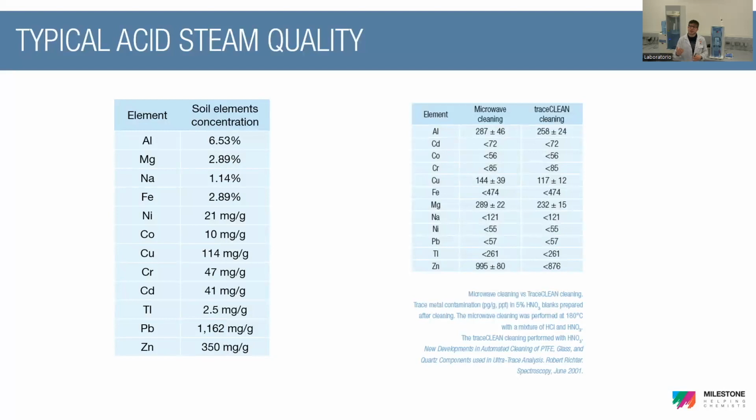So this will strongly impact the productivity of your lab. The purpose of having the Trace Clean is to speed up the process and to use a dedicated system, making your microwave digestion system free for all the digestion applications you have to run daily.